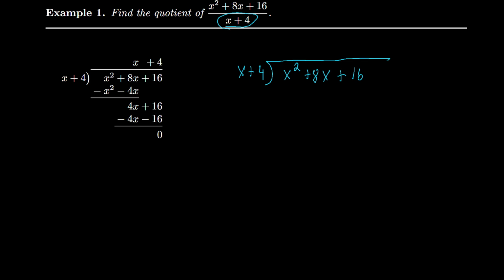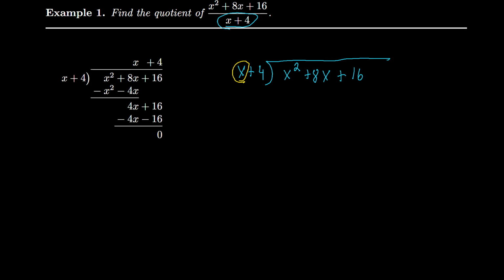Here's how this works. It works off of the leading degree term here, so x. So the question is, how many times does x go into x squared? Or another way of thinking of it is, what is x squared divided by x?